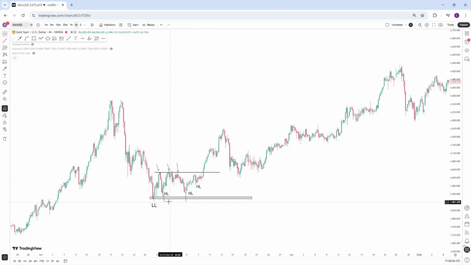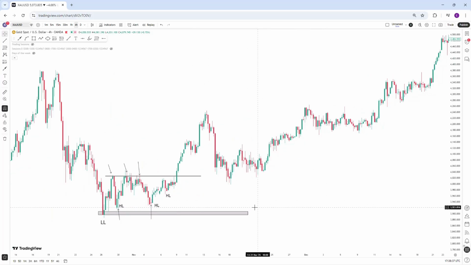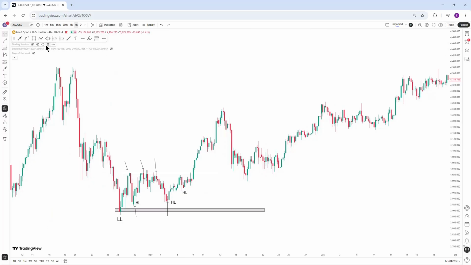So you can see that price finally broke above this level to create a new high. So we mark that high.